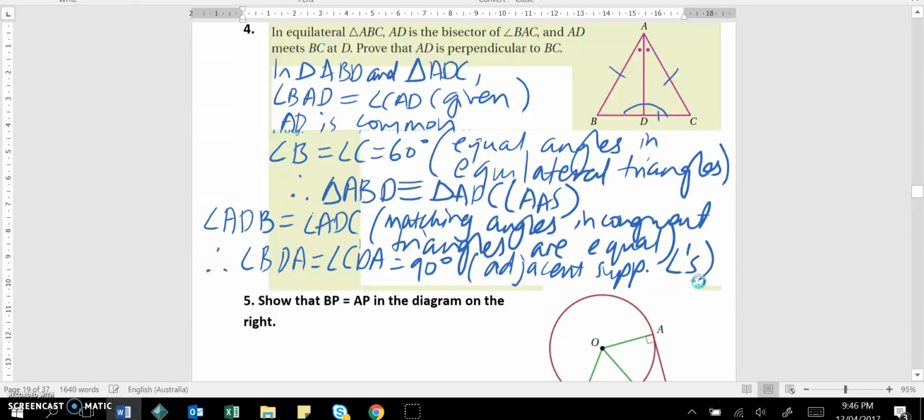You guys write that in. Don't abbreviate like that. I'm just running out of time. And I'm going to say that, coming up here, therefore, AD is perpendicular to BC. So that symbol there, this symbol means perpendicular to.